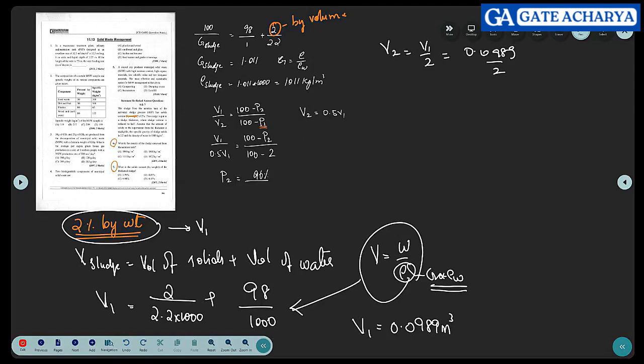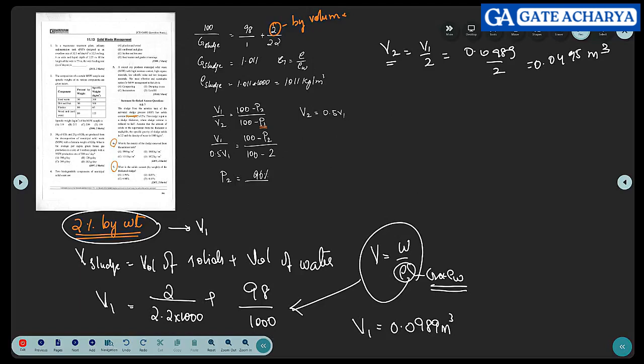I missed it, there is one extra zero; it is 0.0989. So in the sludge thickener there is a reduction of volume by 50%, half of it. So by simplifying, we'll get 0.0495 meter cube.